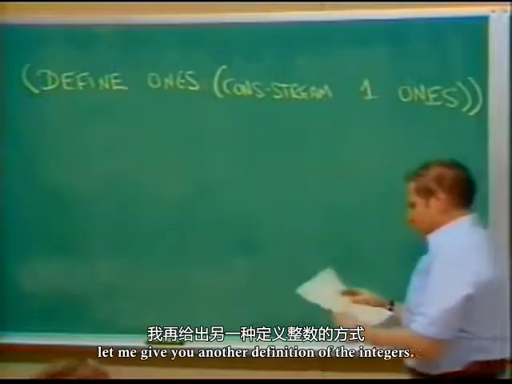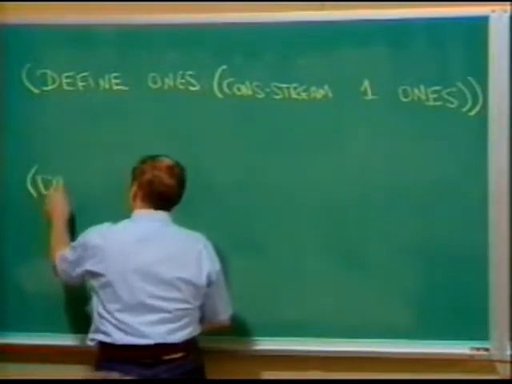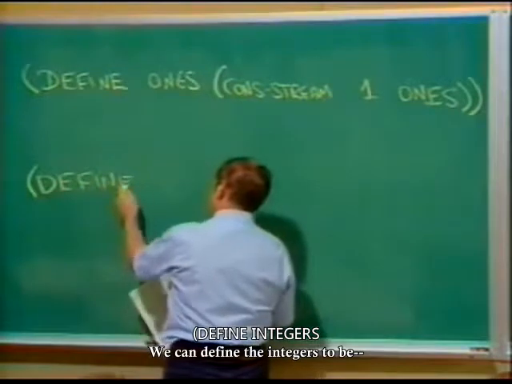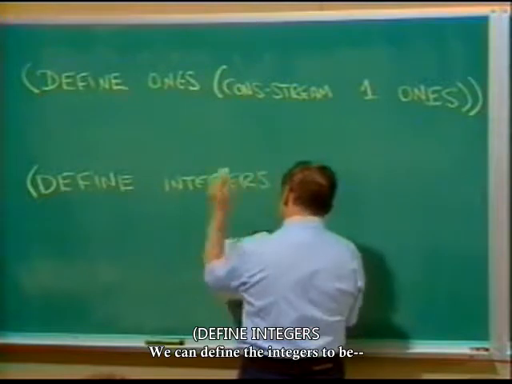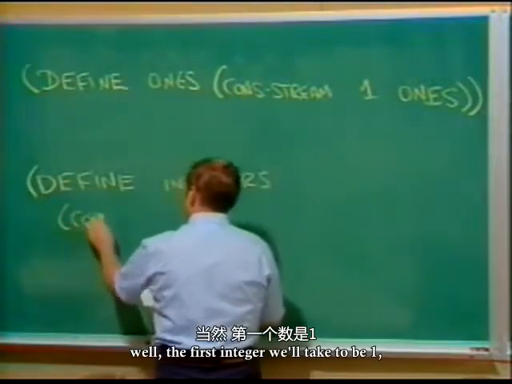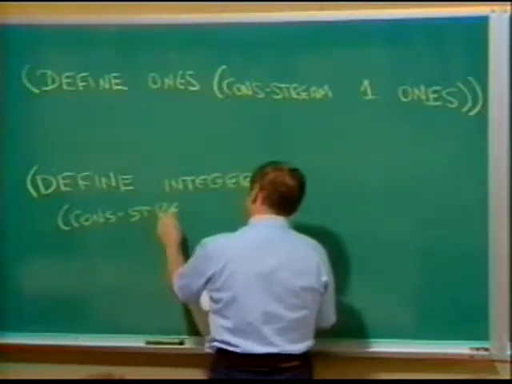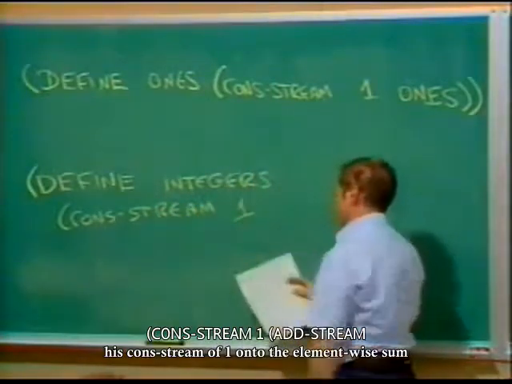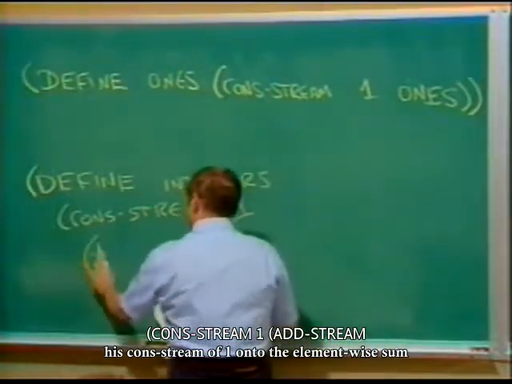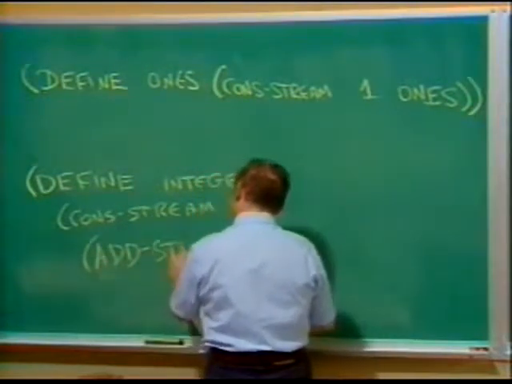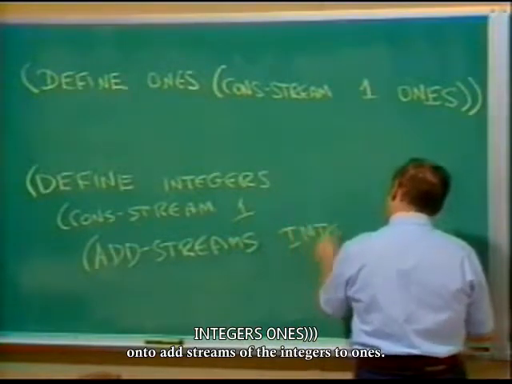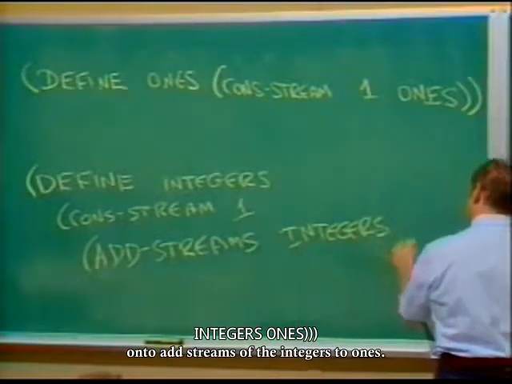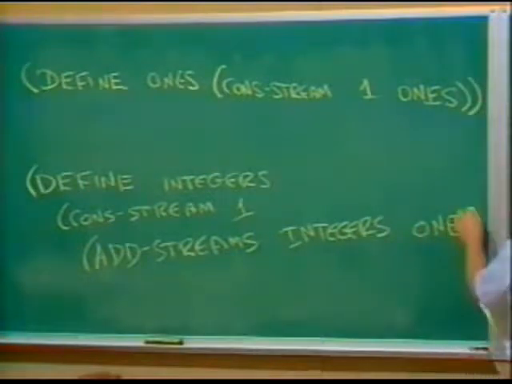And now using that, let me give you another definition of the integers. We can define the integers to be, well, the first integer we'll take to be 1, it's cons-stream of 1, onto the element-wise sum, onto add-streams of the integers to ones. Okay.